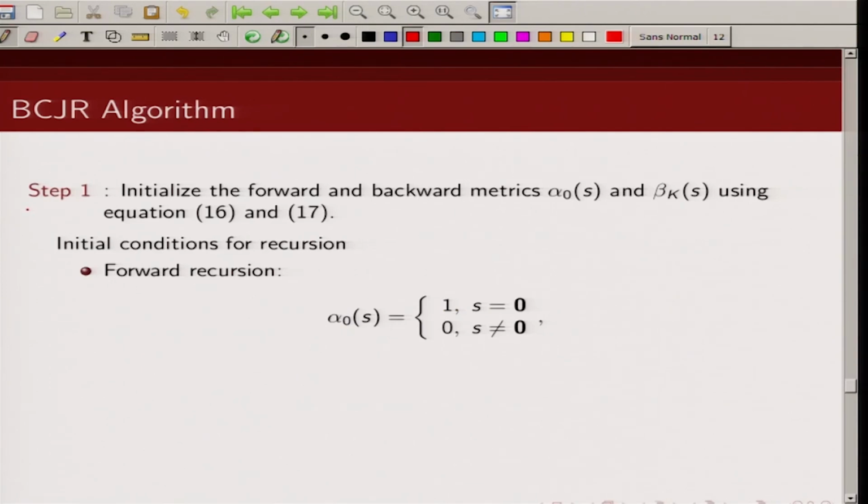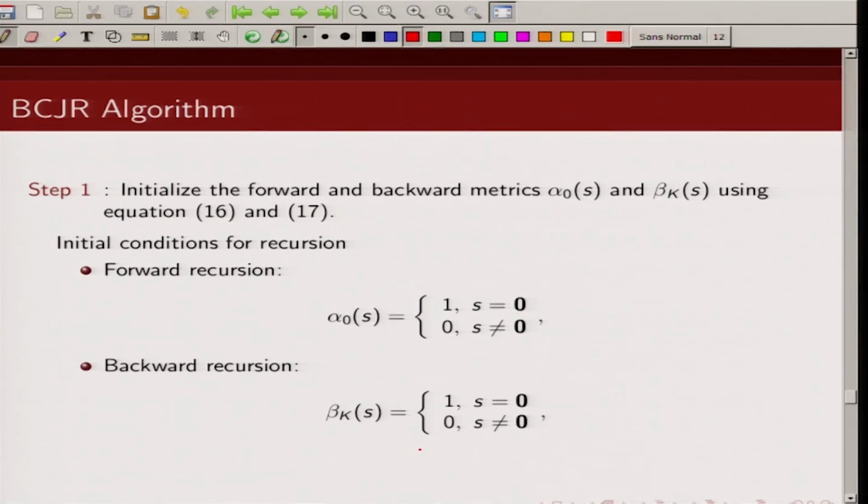So, as we said, the first step is initializing alphas and betas for recursion. Since we started with all 0 state, alpha at time 0 for state 0 is 1, and for the other state, which is state 1, it is 0.